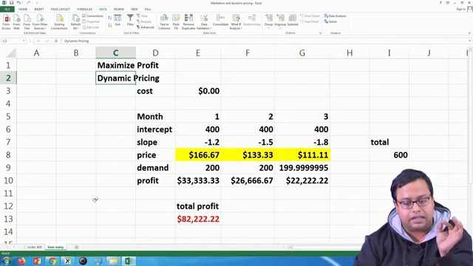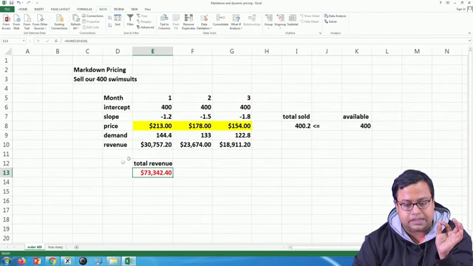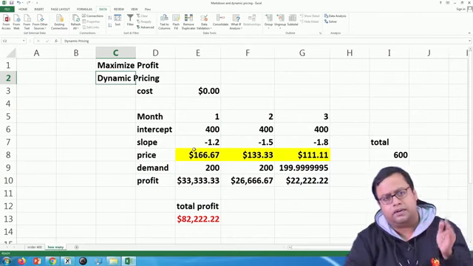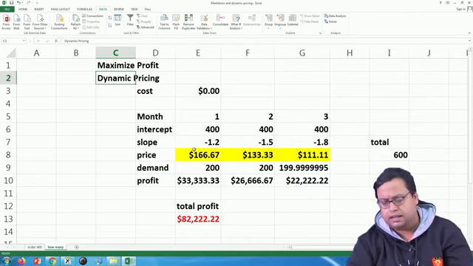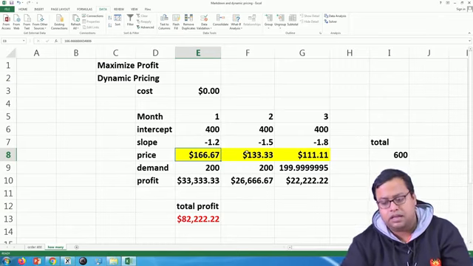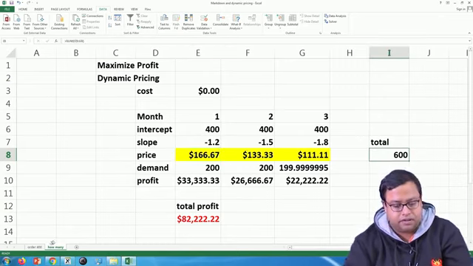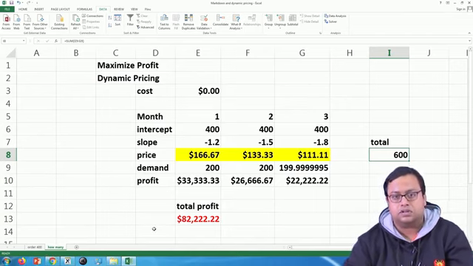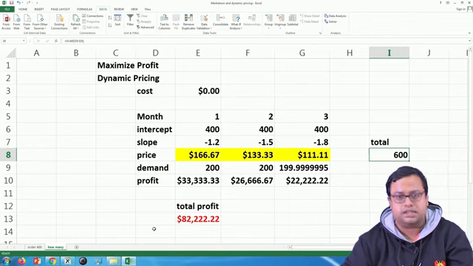Another thing worth mentioning is that the price is much higher here, 213, whereas if you do not have any capacity constraint, you can charge much lower because you can actually sell 600 instead of 400 in total and still achieve your success. So, that is also one type of pricing, which we call dynamic pricing.